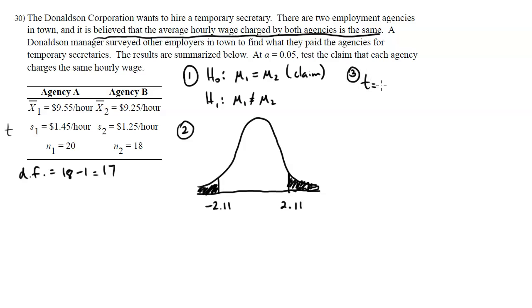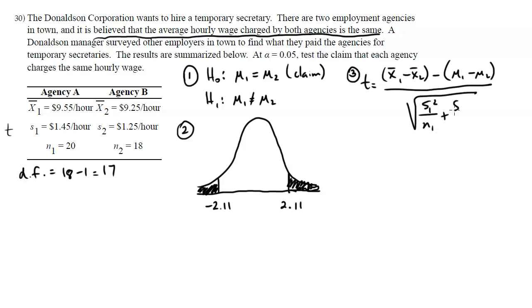So t is x bar 1 minus x bar 2 minus mean 1 minus mean 2, over the square root of s1 squared over n1 plus s2 squared over n2. And we have all our values neatly organized here for us.